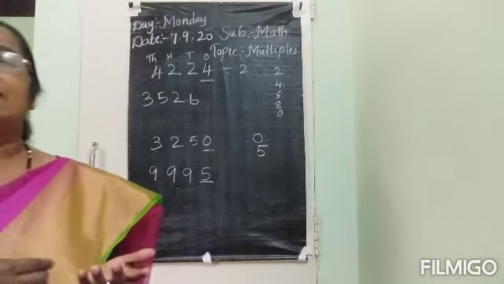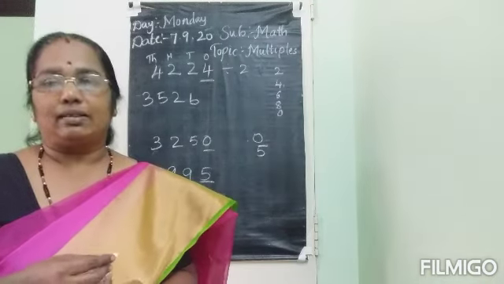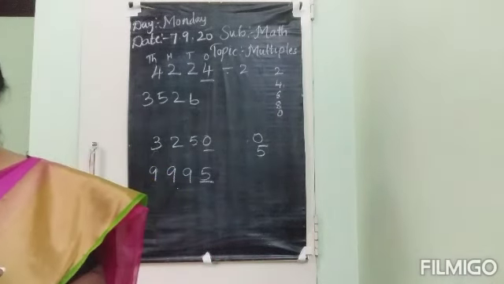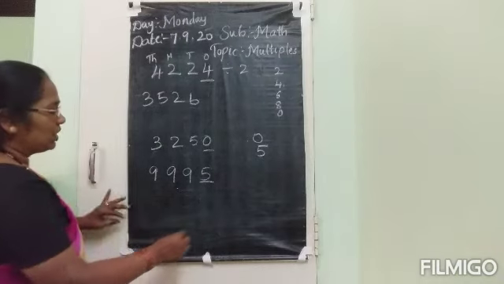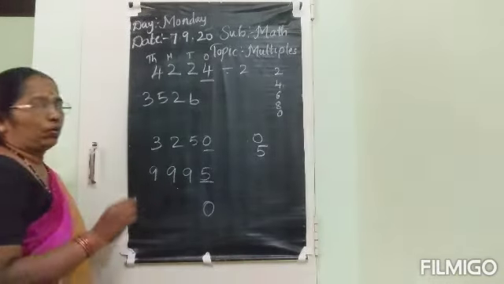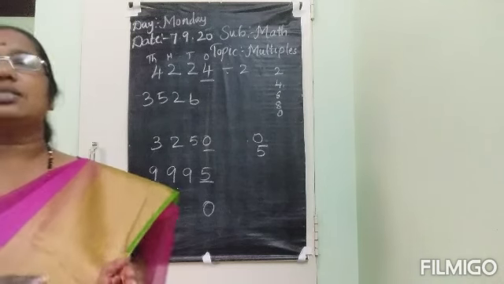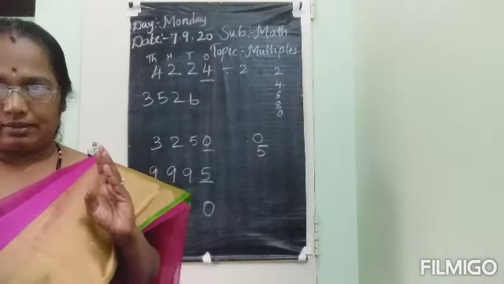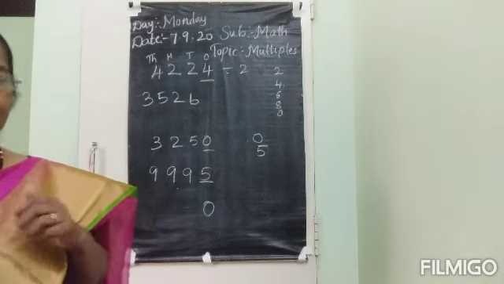Now we will see the divisibility rule of 10. In the ones place, if it has only 0, then we can say it is divisible by 10.